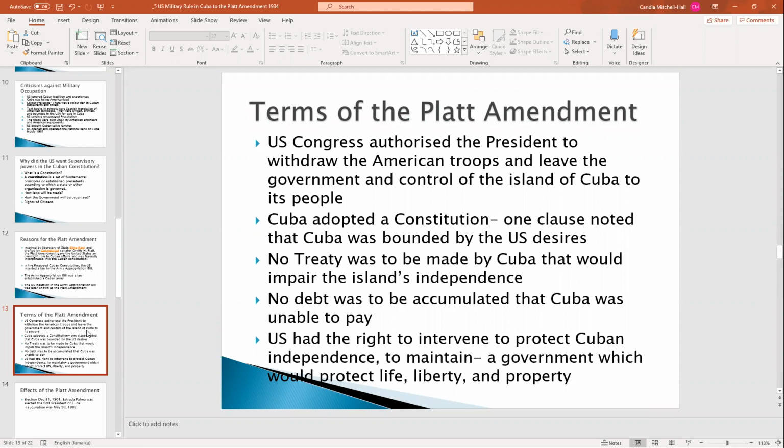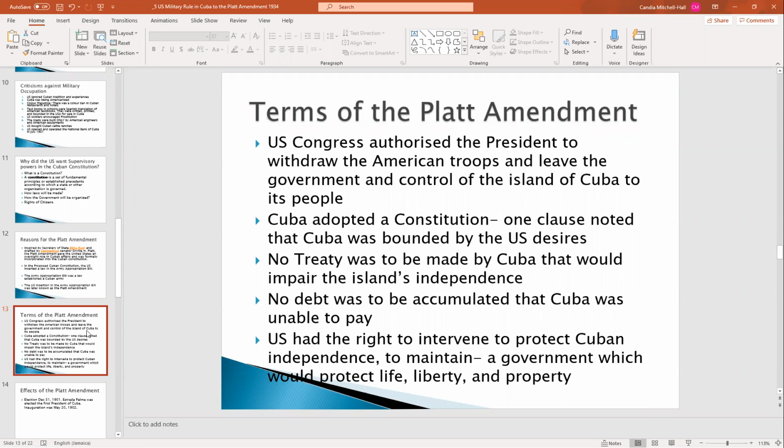Another one is that Cuba could not sign any form of treaty with any other country without consulting the US. Cuba could not borrow any money from anywhere in the world without consulting the US. Anytime there's a problem in Cuba, the US had the right to intervene.